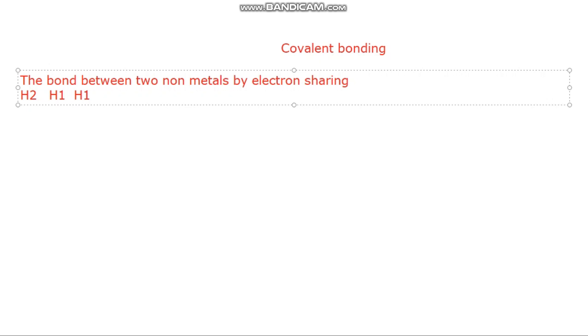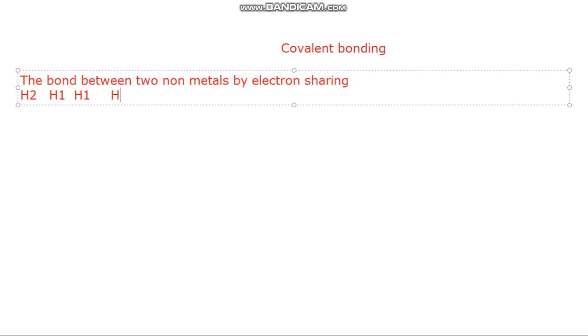Each atom wants to have the electronic configuration similar to the nearest noble gas. The nearest noble gas to hydrogen is helium. Helium contains two electrons, so hydrogen wants to contain 2 electrons. It will do so by electron sharing.